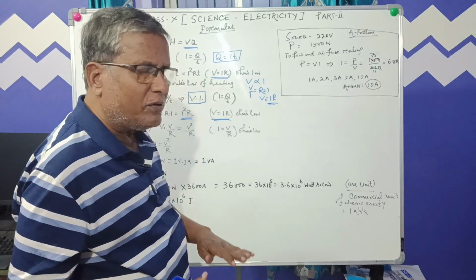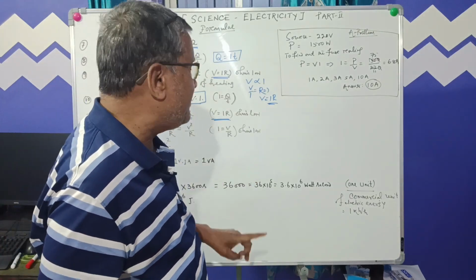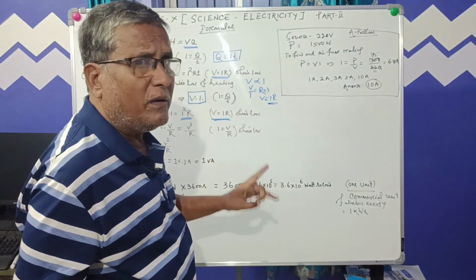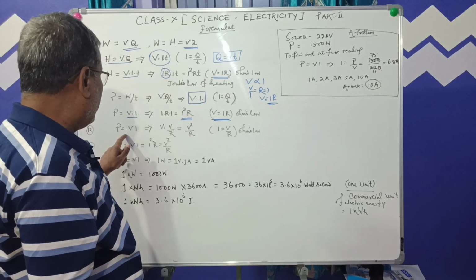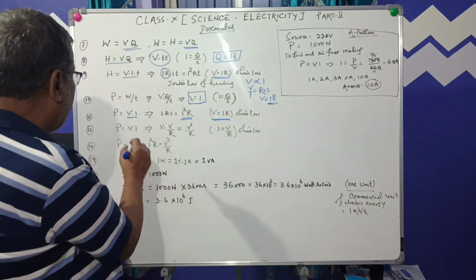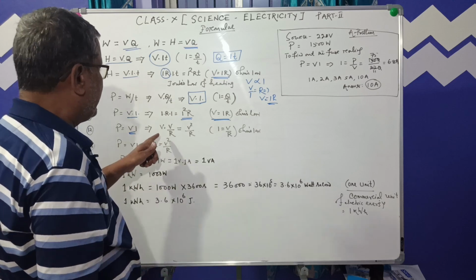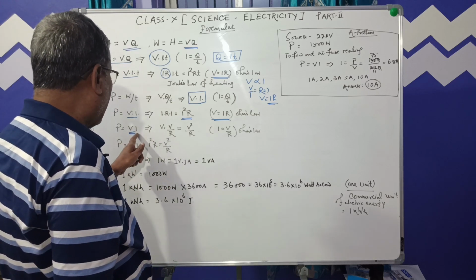So you have to understand the appropriate formula which is applicable for the problem situation that demands. Now you come to the formula number 12, P is equal to VI. That implies another thing, you see, keeping V intact, so I is equal to V by R.